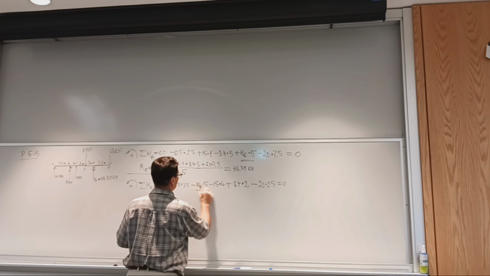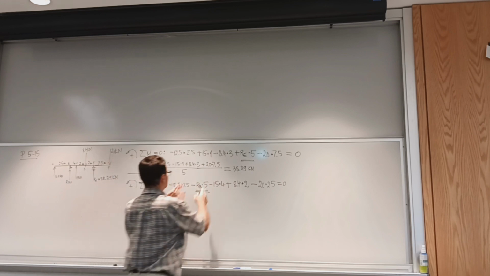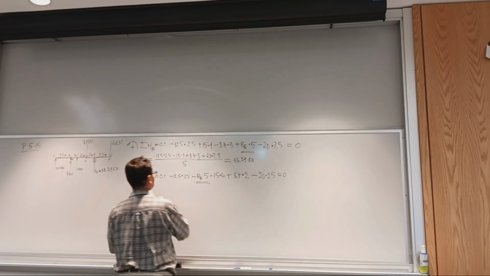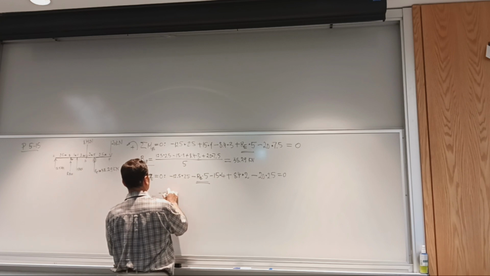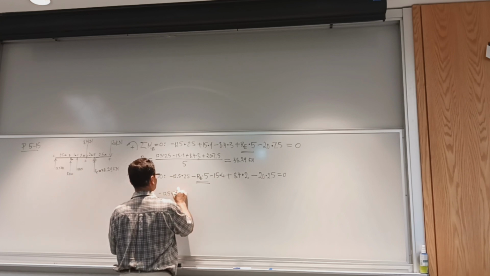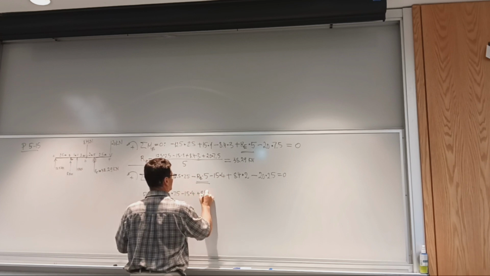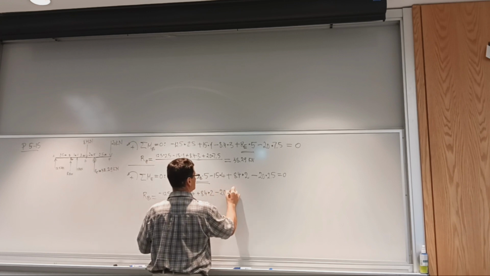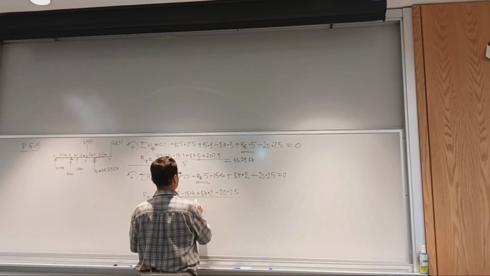All right, so RB. Now I'm assuming that what goes to the right changes sign, and these stay as they are, so it will be negative 12.5 times 7.5, negative 15 times 4, positive 8.4 times 2, and then negative 20 times 2.5. Okay, and divided by 5.